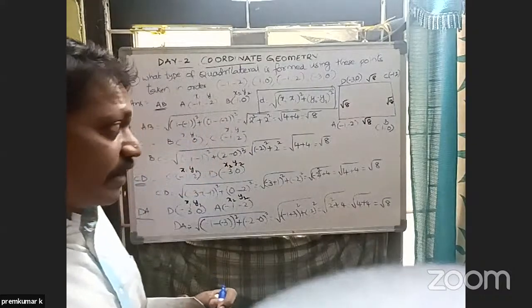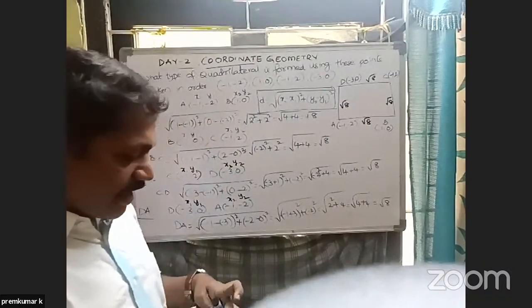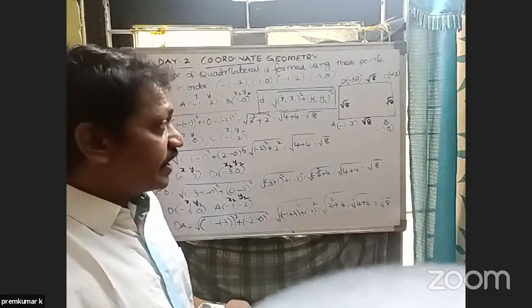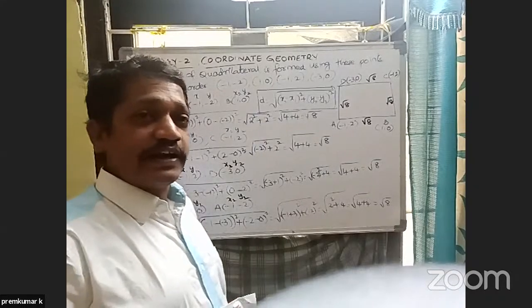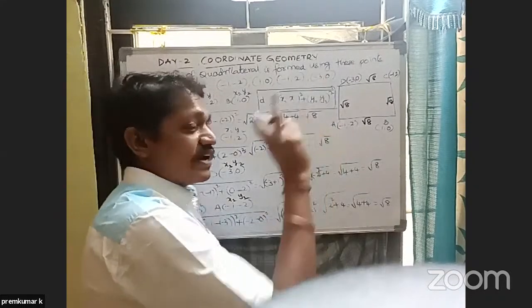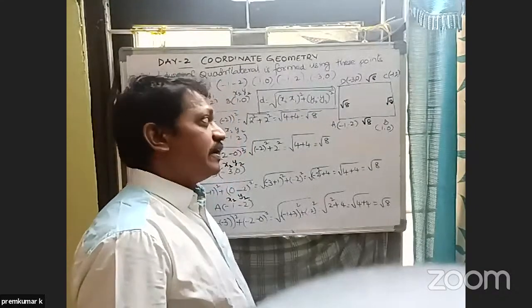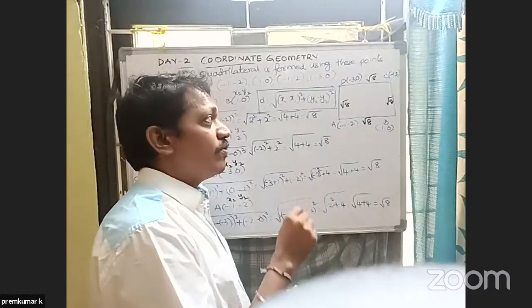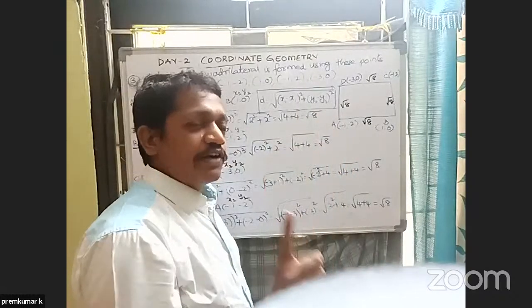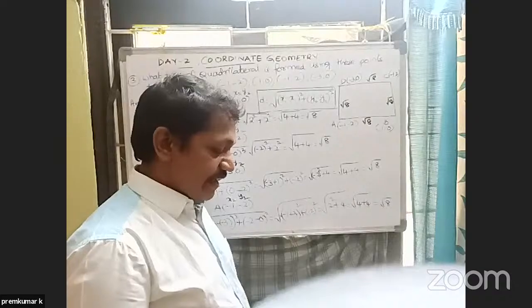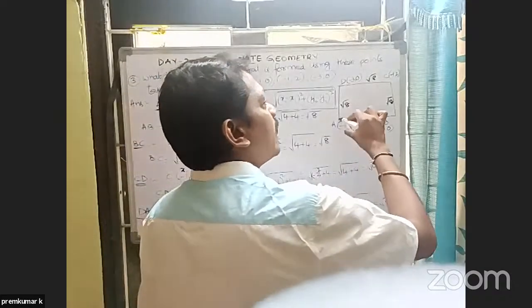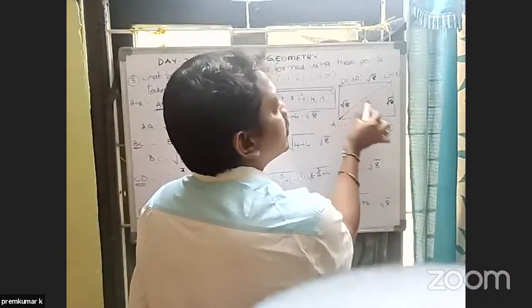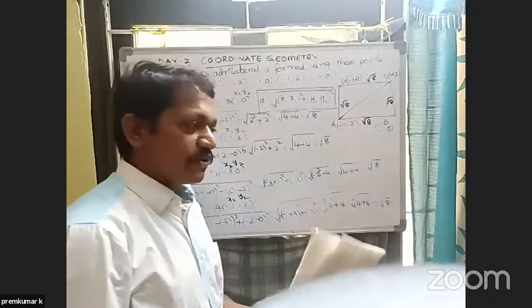Okay, you got an idea. I think that you got an idea by our explanation what type of quadrilateral it comes under. If the four sides are equal, then it may be a square or a rhombus. Now all the sides are equal and we go for another thing, that is we have to find the lengths of the diagonals.